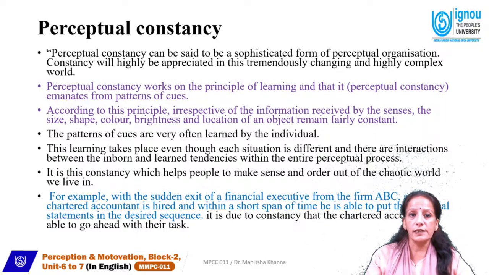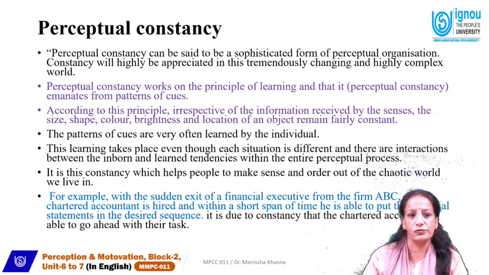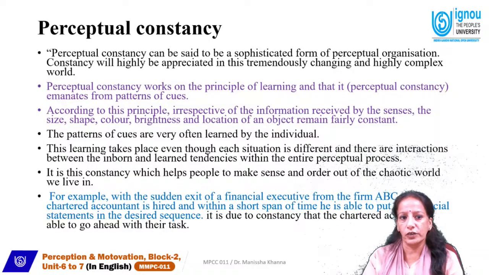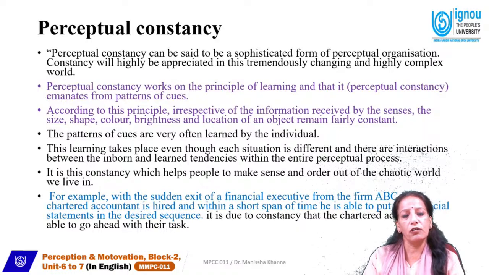So constancy is highly appreciated in a changing and complex world. It works on the principle of learning that emanates from a pattern of cues. According to this principle, irrespective of information received by the senses, the size, shape, color, brightness, and location of an object remain fairly constant. The pattern of cues are often learned by individuals.